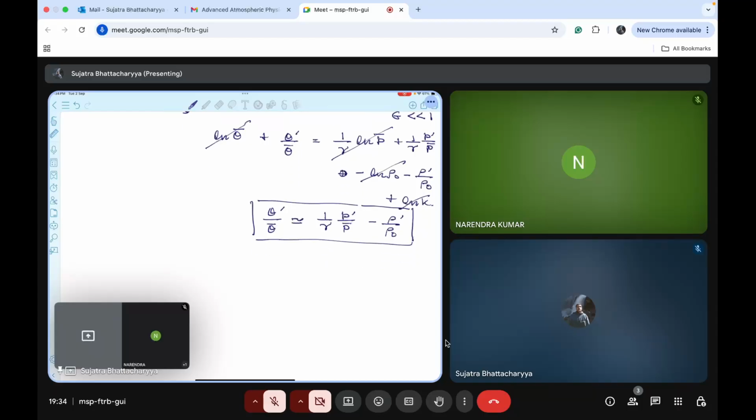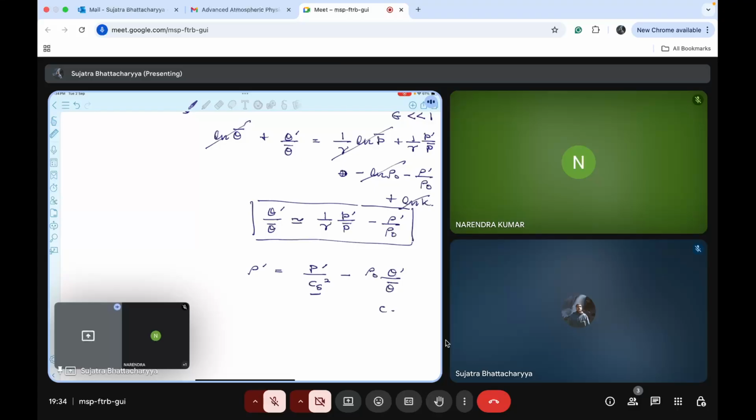Okay. Now, here, what we will do is that rho dash is equal to p dash by cs square minus rho naught theta dash by theta bar. Why am I writing this cs square?